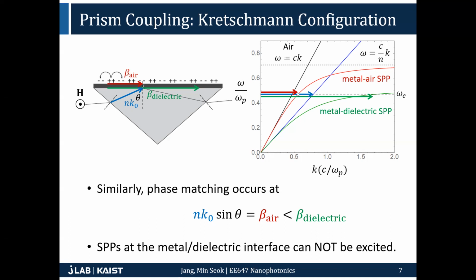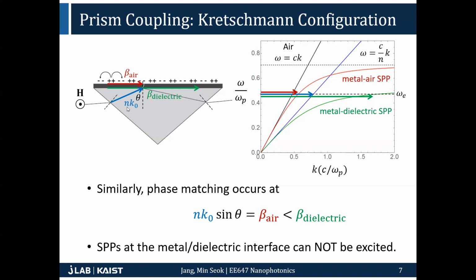And if you compare the air metal surface plasmon, the dielectric metal surface plasmon, and also the free waves in a prism, then they have this type of relation. So the metal dielectric surface plasmon has the longest K vector, and then the free wave in the high index medium is the second, and the third is the air metal surface plasmon.